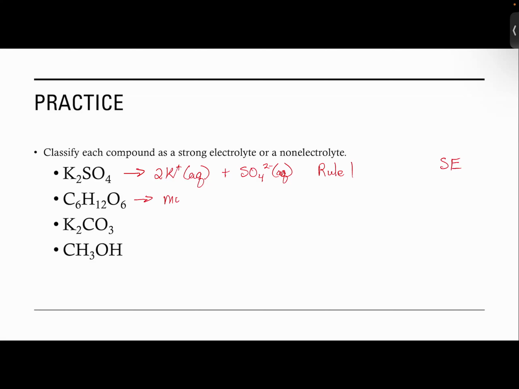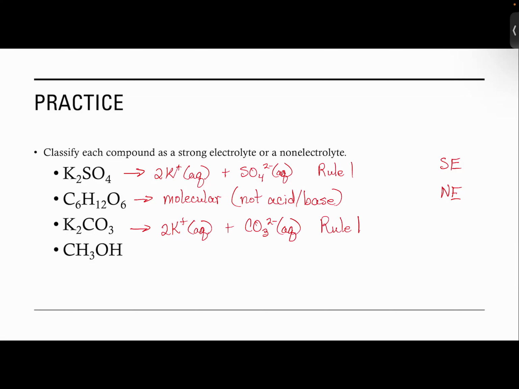Glucose is a molecular compound, and it's not an acid or base. And so we would expect this to be a non-electrolyte. Potassium carbonate is going to dissociate into 2 potassium ions and a carbonate ion. And because of rule 1, it is going to be a strong electrolyte.